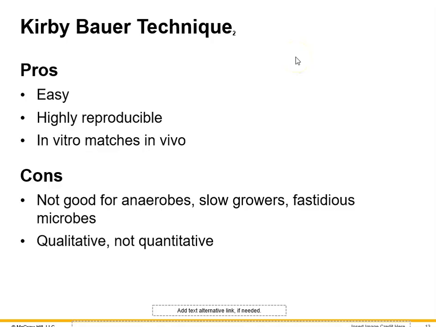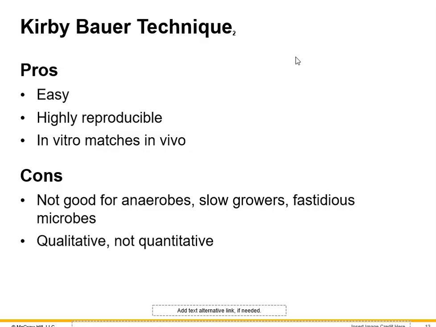Okay, so we were just talking about the Kirby-Bauer technique, right? This was a way that we could demonstrate if a particular microorganism was resistant or susceptible to an antibiotic or an antimicrobial.